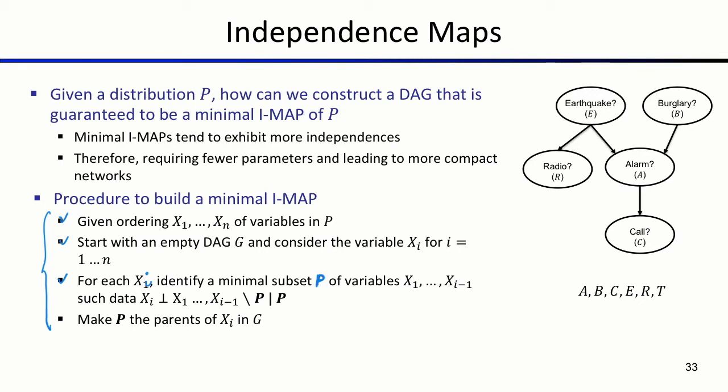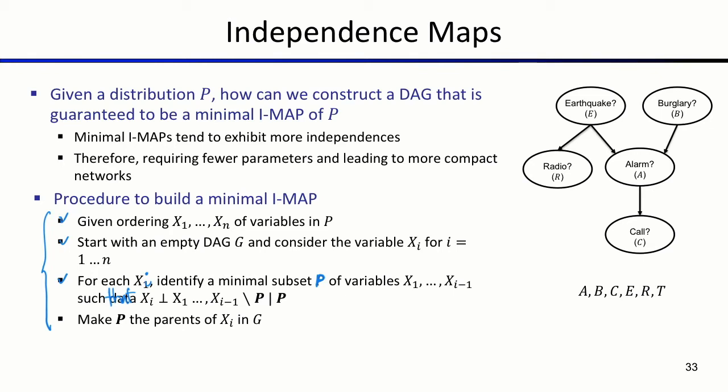So we'll consider all the variables that were before xi in the ordering, such that xi is independent of those variables not in P given P, and make P the parents of xi in G.